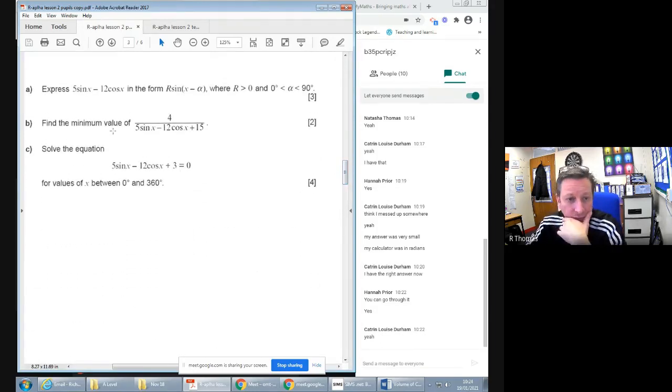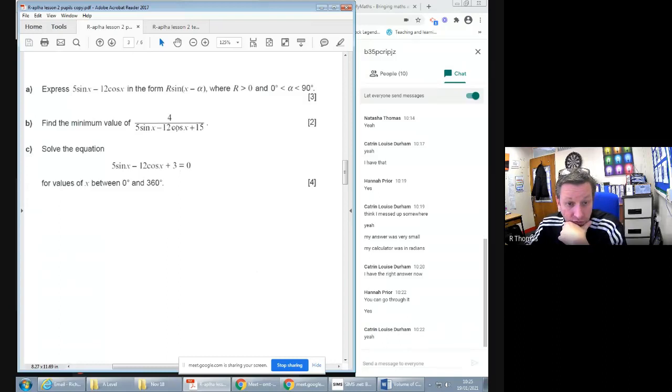Okay, so this time we've got 5 sine x minus 12 cos x in the form r sine x minus alpha. Find the minimum, so do the usual stuff to get r and to get alpha, right? So equate the coefficients, expand that, equate the coefficients, square add root to get r, do the sine divided by cos coefficients to get alpha, tan alpha.